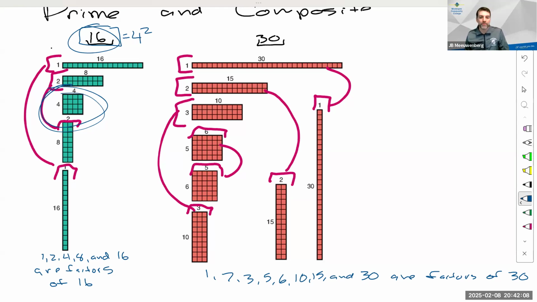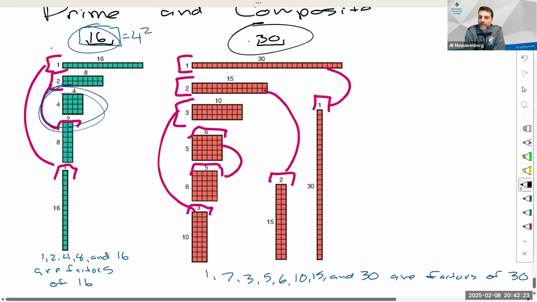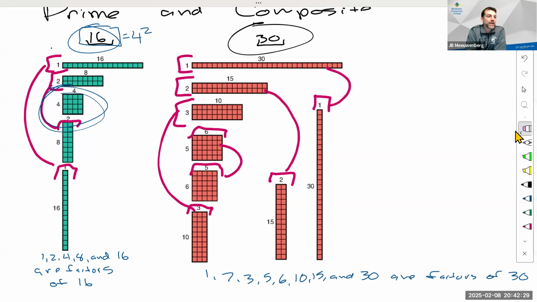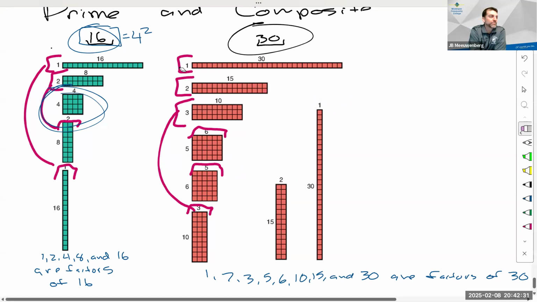Another really important one is this. It's almost as if we are duplicating the factors. If we're just trying to determine what are all the factors of 30, right? What are all the factors of 30? And we start drawing these pictures. I'm going to erase some of these lines I drew.